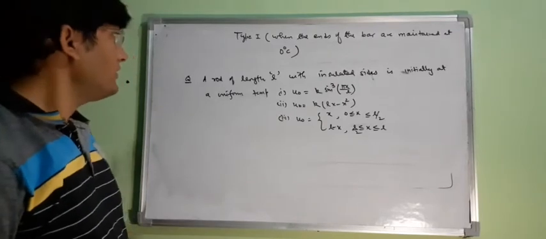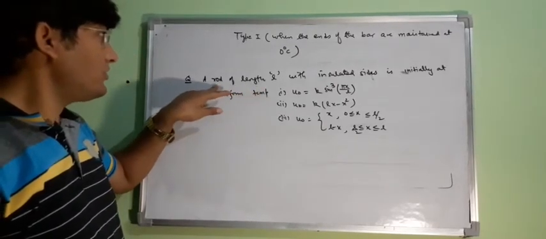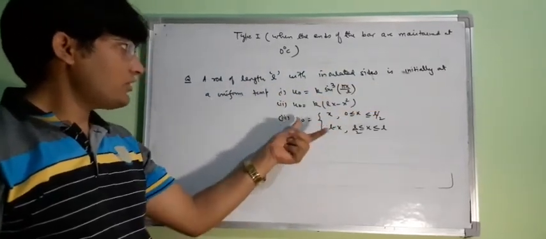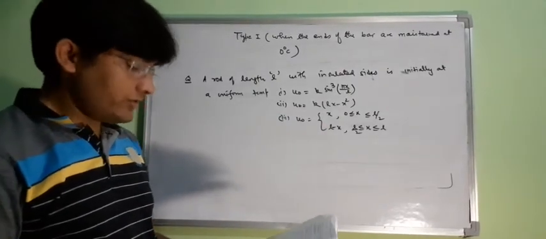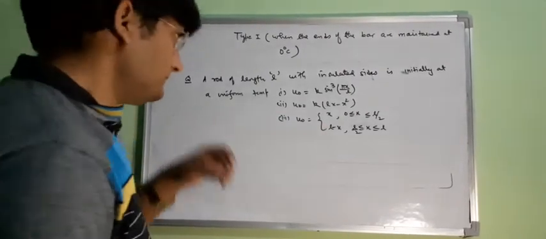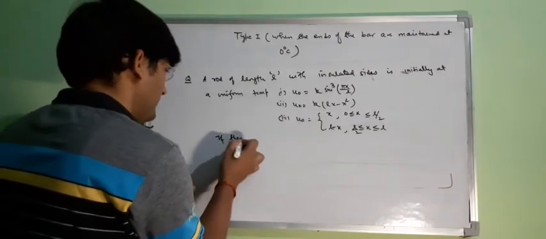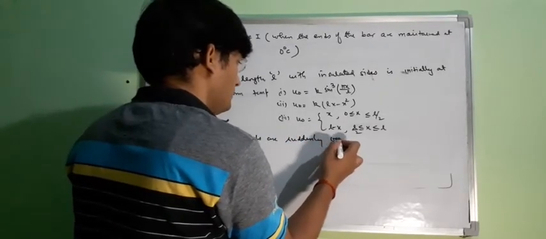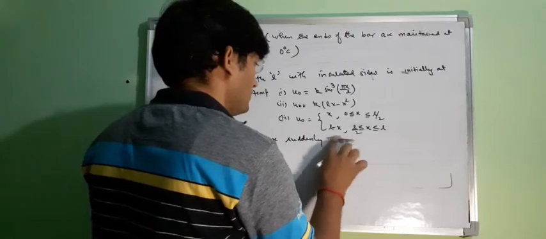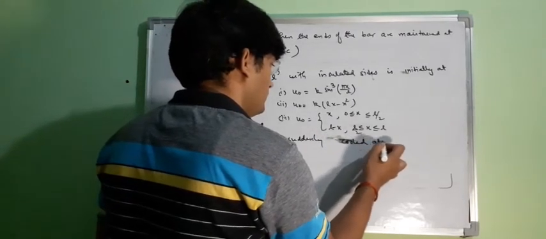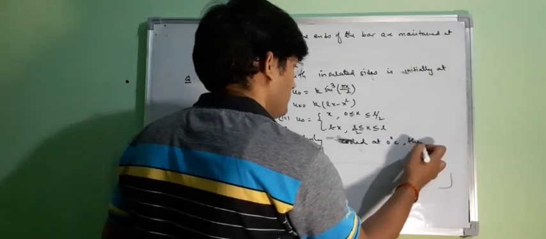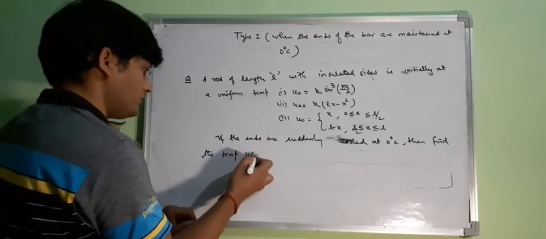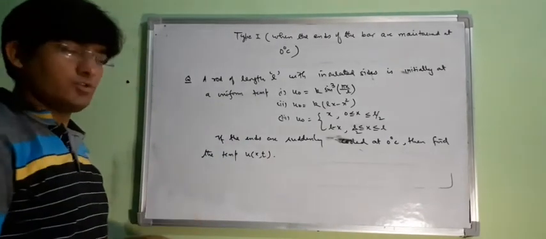So we have a rod of length L with insulated sides and with the initial temperature U naught equal to these 3 values for the 3 different questions. And if the ends are suddenly cooled at 0 degree centigrade, then find the temperature u(x,t) at any time t greater than 0.